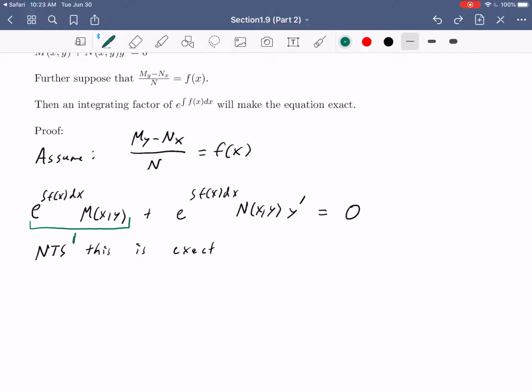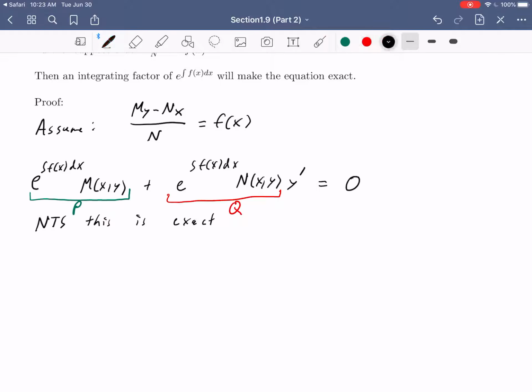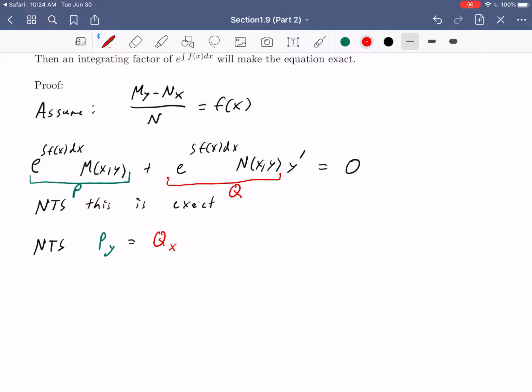Let's call this P. And then this guy here, which we would normally call N, we can call that Q. If we want to show that this is exact, what we really need to show is that the partial with respect to y of P is equal to the partial with respect to x of Q. If we can show that, then we're showing that this differential equation is now an exact differential equation. So let's go ahead and see if we can do that.